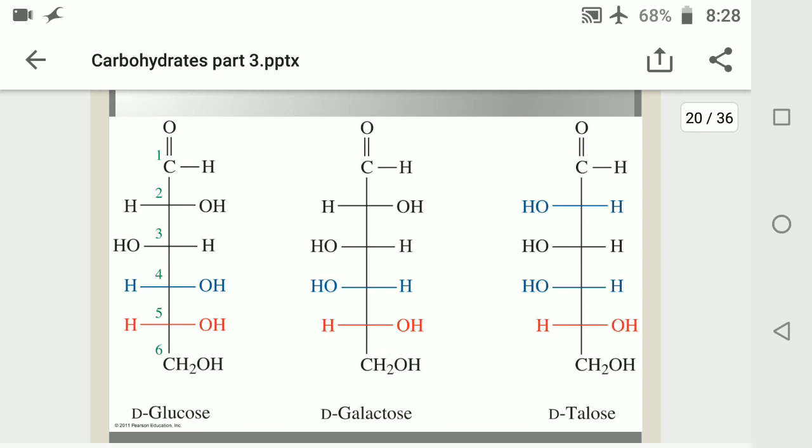In D-glucose, what is the difference? The fourth carbon has OH on its right side and hydrogen on its left side, whereas in D-galactose it is reversed. Okay.